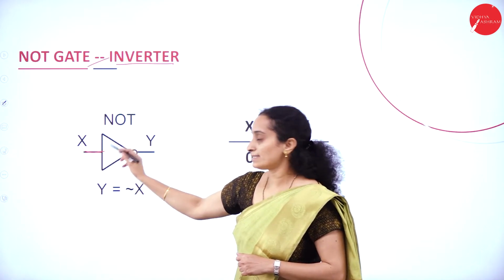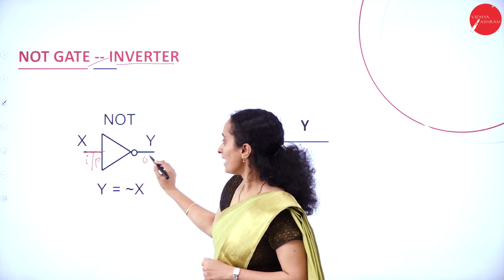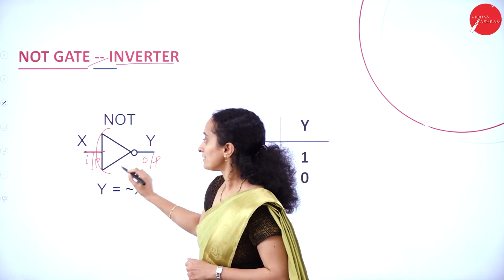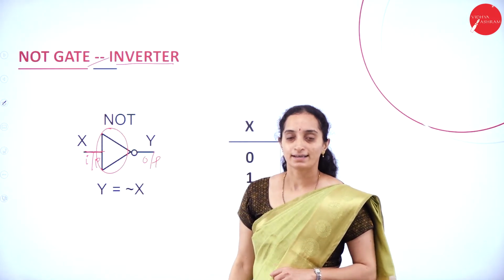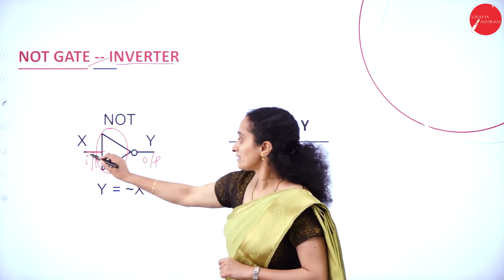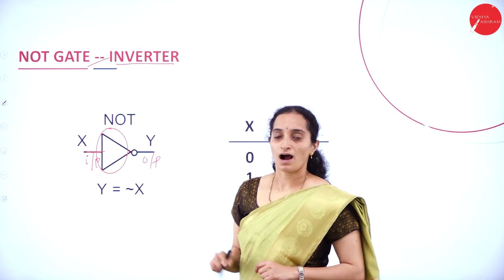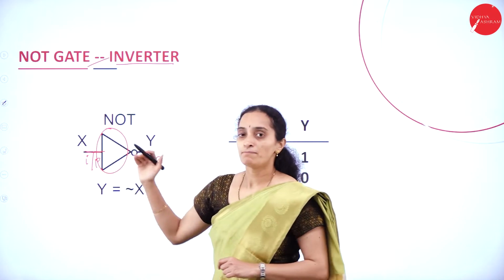This is the input and this is the output. This is the actual gate. Any gate contains these three components: input, gate and output. You may have multiple inputs.